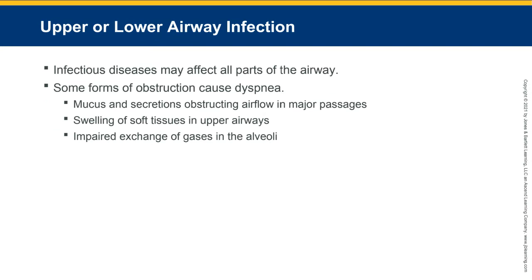Now, let's look at upper or lower airway infection. Infectious diseases may affect all parts of the airway. Some forms of obstruction cause dyspnea. The patient can have mucus and secretions obstructing the airway in major passages, swelling of soft tissues in the upper airways, and impaired exchange of gases in the alveoli.